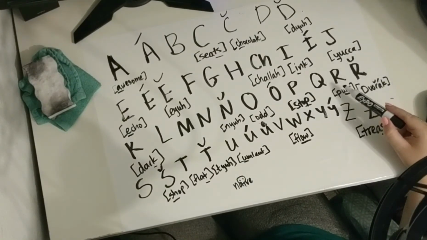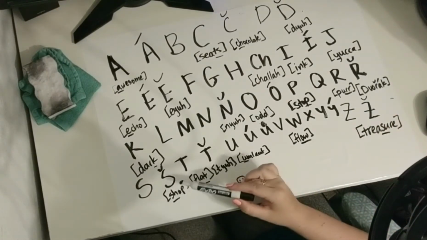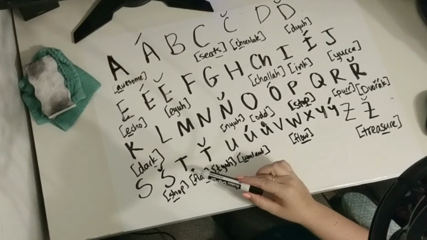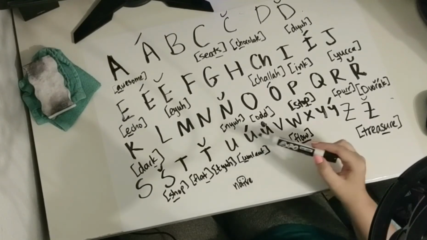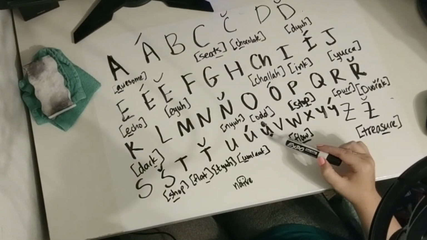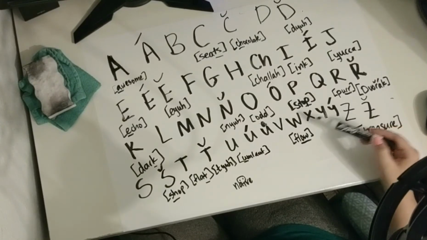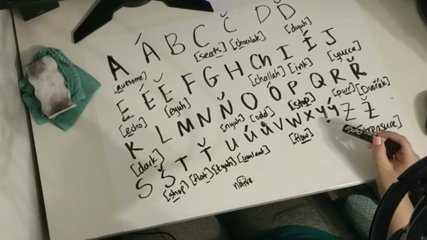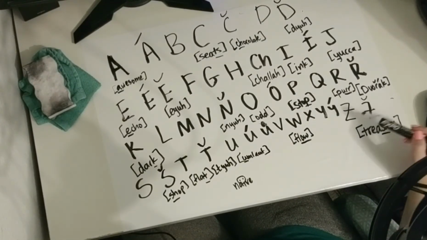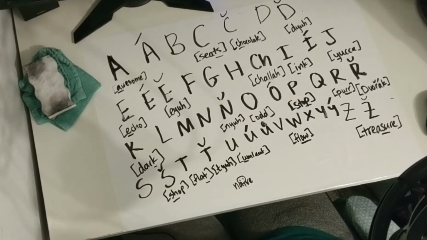Do it again. Ř. S, Š, T, Ť, U, V, W, X, Y, Z, Ž. Let's do it one more time, but I'm going to erase each one as I say it.